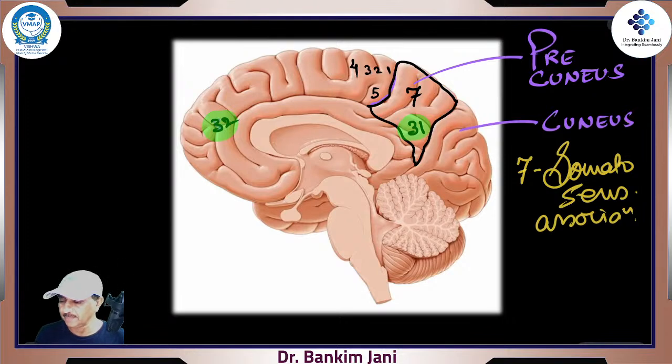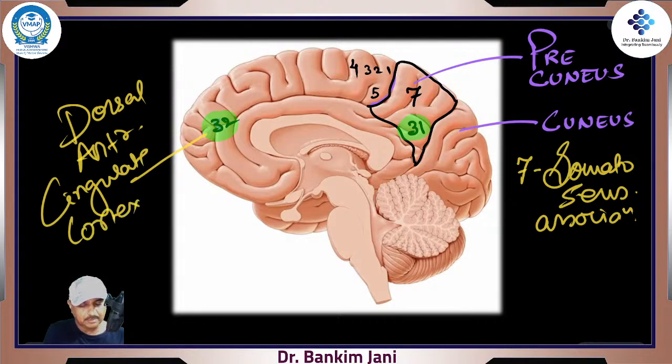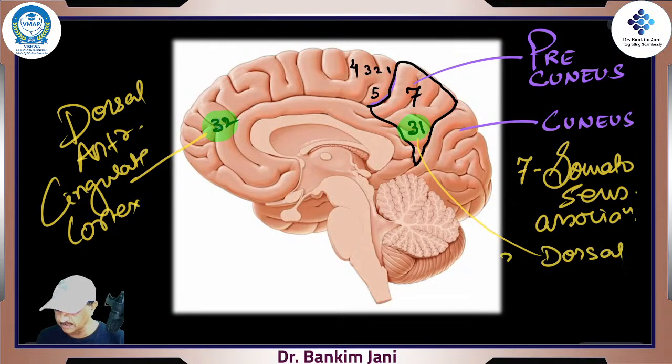Here, this was the dorsal anterior cingulate cortex, and this, area 31, is the dorsal posterior cingulate cortex.